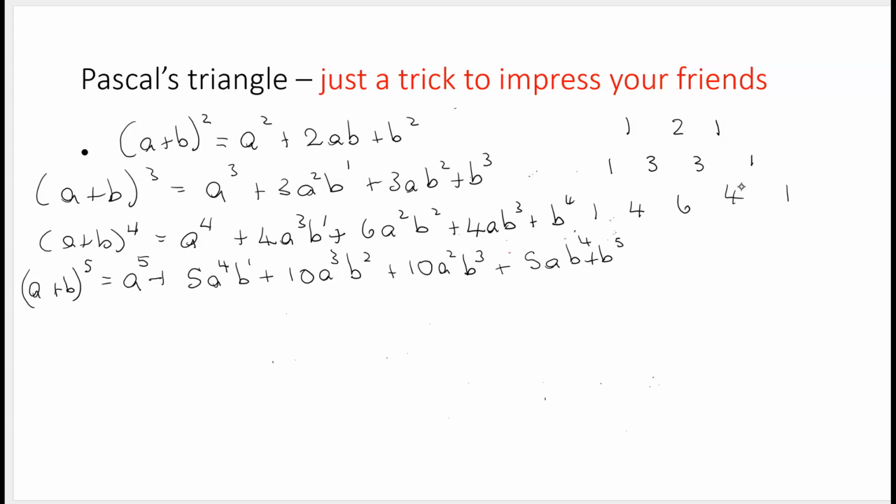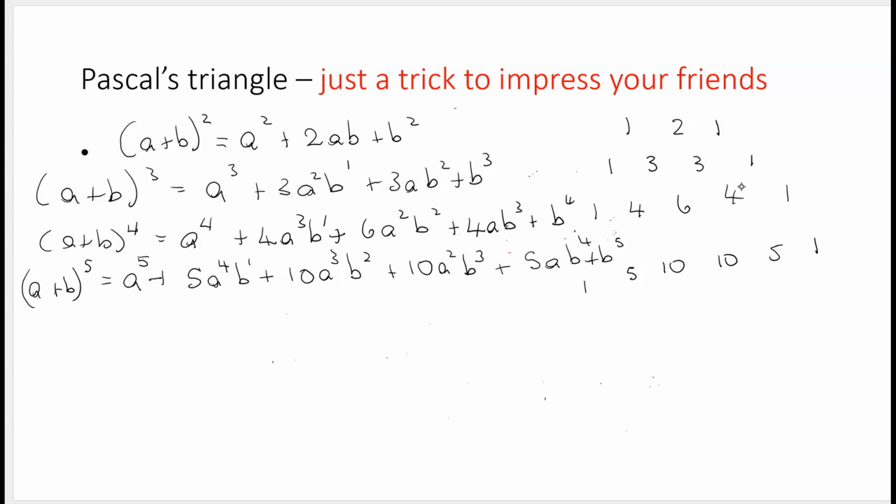Now, I didn't quite make it in the space, but I'll still write down underneath the coefficients. So it was 1, 5, 10, 10, 5, 1. And I can go on doing that.